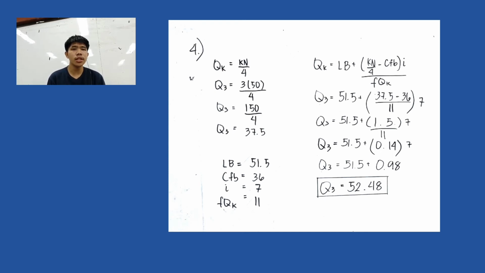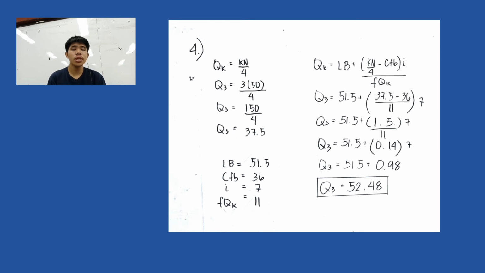Now, we will proceed in finding our Q sub 3 class. So first, we will put our formula. Q sub K is equal to LB plus Kn over 4 minus CFB divided by FQK times I or the interval.